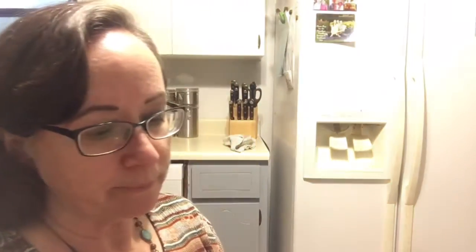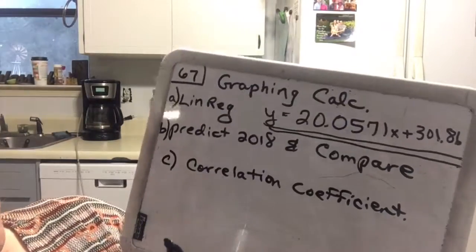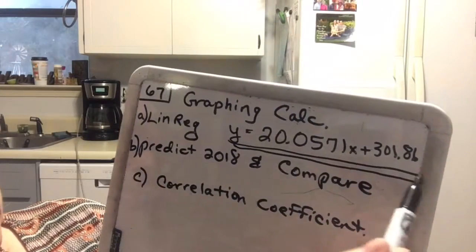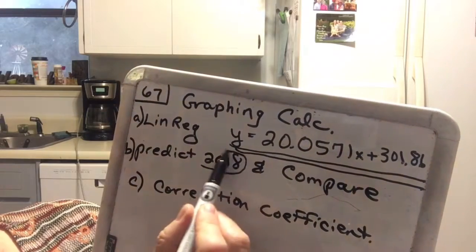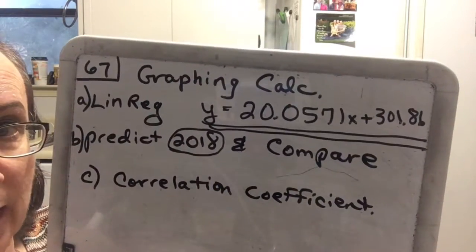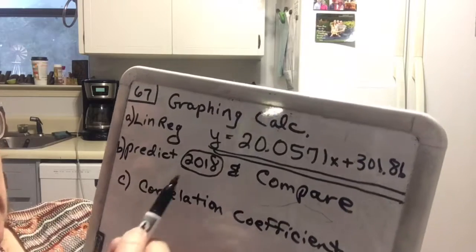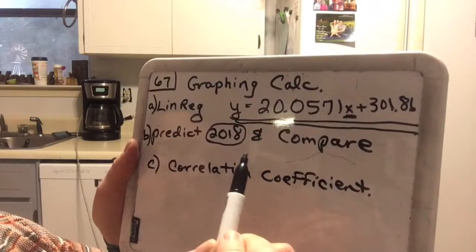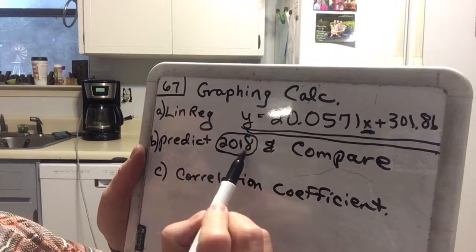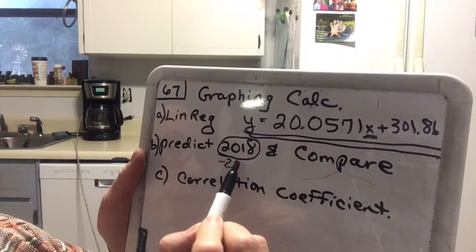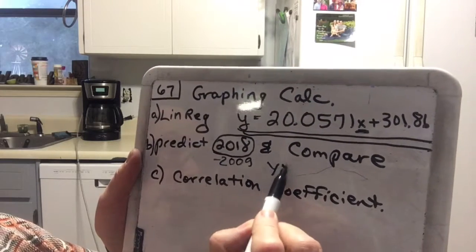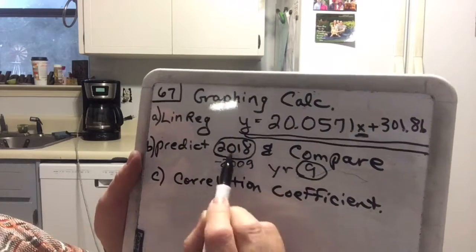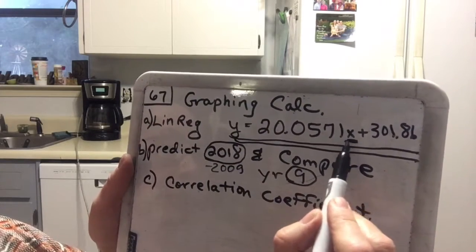Okay, so now this is back to 67, and so if we're looking at this line, and now we're going to predict 2018, okay, and the 2018 we're going to plug right here into our X. And of course, I'm going to do that with the calculator. But remember, 2018 take away 2009 was year 9. Okay, so we're going to plug in not 2018, but 9 right there.